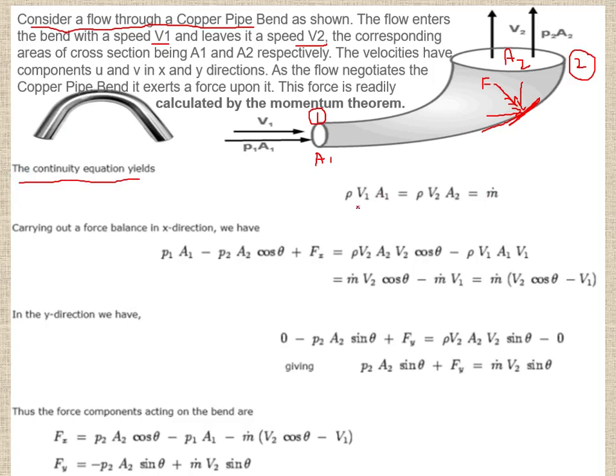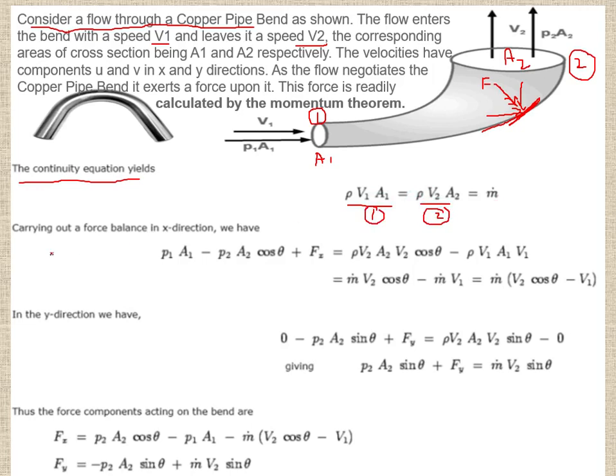The density of the fluid is rho, velocity and cross sectional area are given at point 1. So this is the mass flow rate at point 1 and this is the mass flow rate at point 2. So we can calculate the mass flow rate by using this continuity equation.